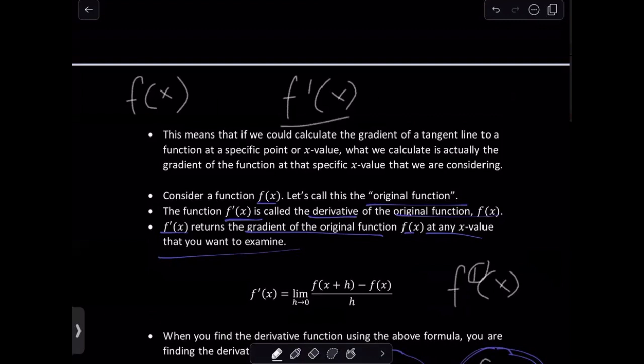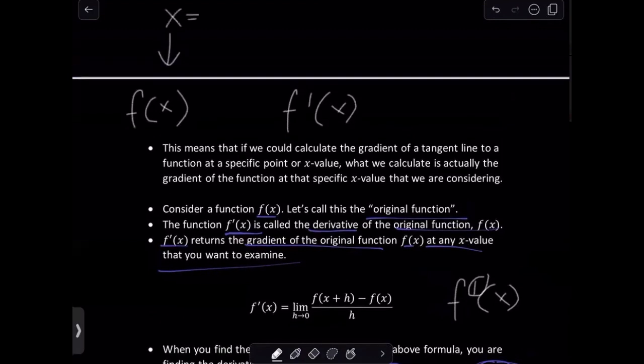Why is this so special? Well, let's say you wanted to find out the gradient of the original function when x is equal to 2, or at the coordinate 2 and whatever the y value is. What's the instantaneous rate of change, or the gradient of this f of x function at x equal to 2?